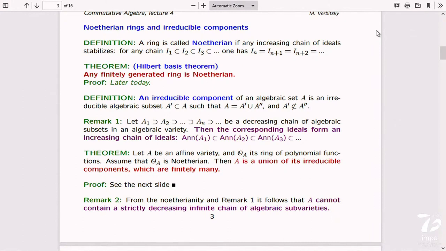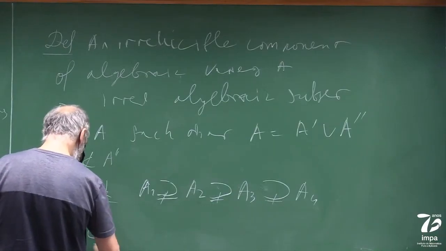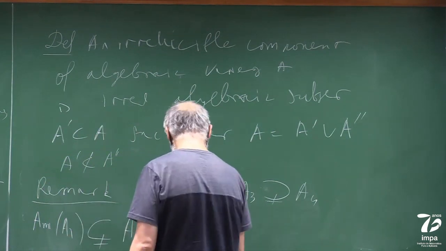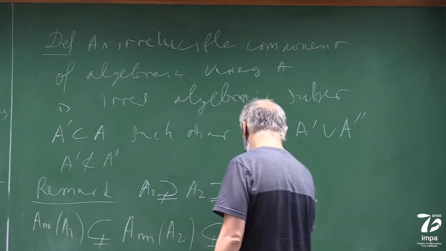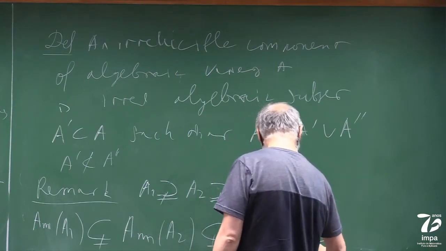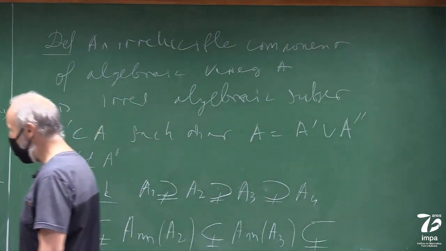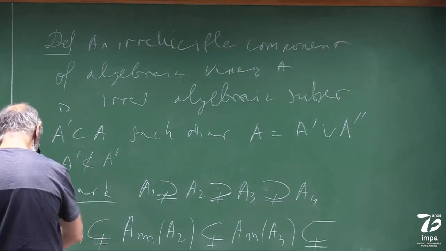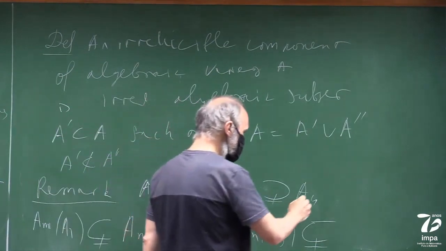So the ideal of A1, which is the biggest, is the smallest ideal. It's strictly contained inside the annihilator of A2, which is strictly contained in the annihilator of A3, and so on. By Hilbert's basis theorem, we know that this chain terminates. So then the chain of subvarieties terminates.